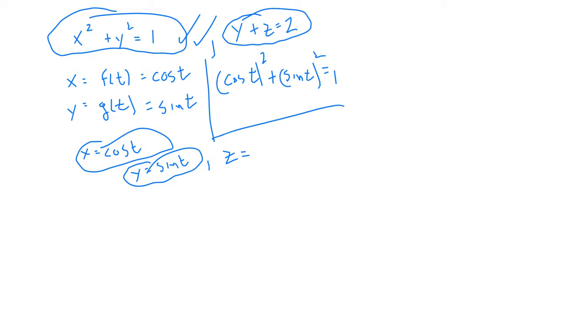All the coordinates on the space curve C satisfy these two equations. So how am I going to get z? If y plus z equals 2, then what's z going to equal?